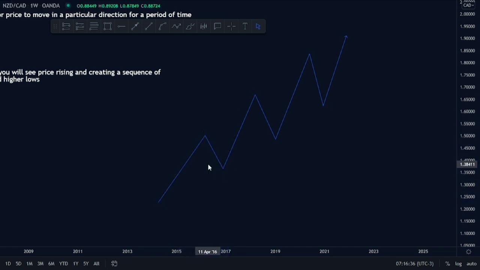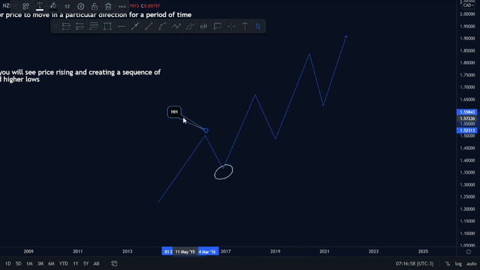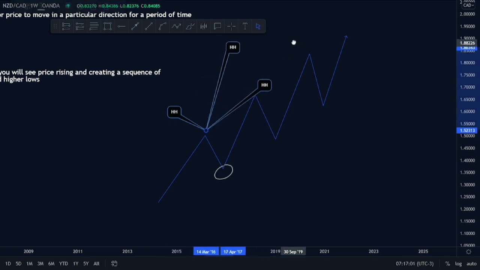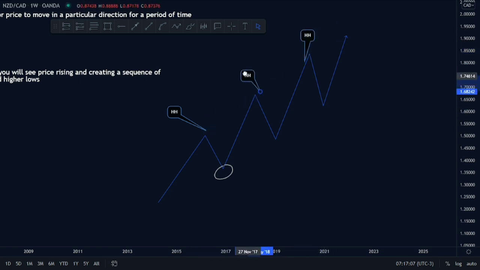Let me repeat that again. The reason we call this a higher low is because it is higher than the previous low. So now price will give you a sequence of, let me write it, HH means higher high, a sequence of higher highs and higher lows.